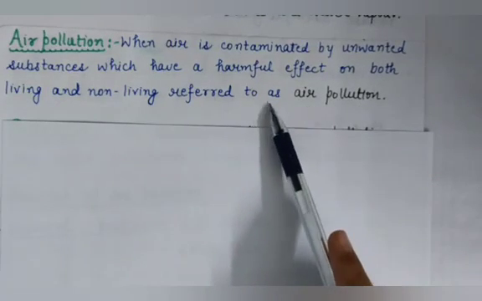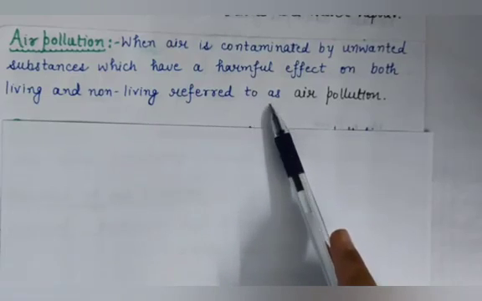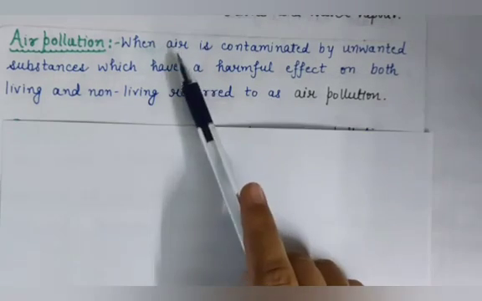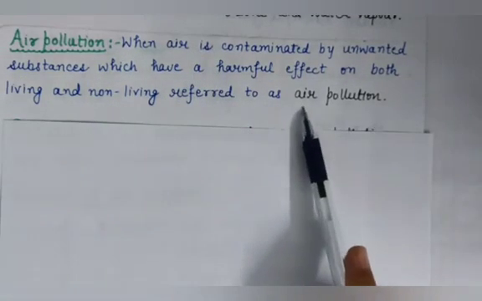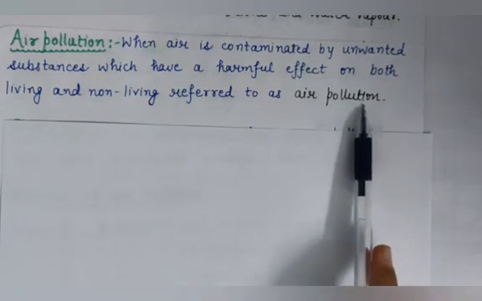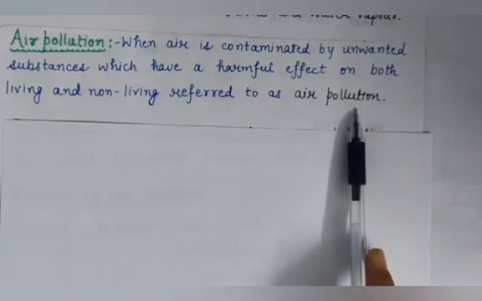Means when unwanted substances like smoke, dust and many other unwanted substances mix with air, then it is referred to as air pollution. Now the question is, how does air get polluted?